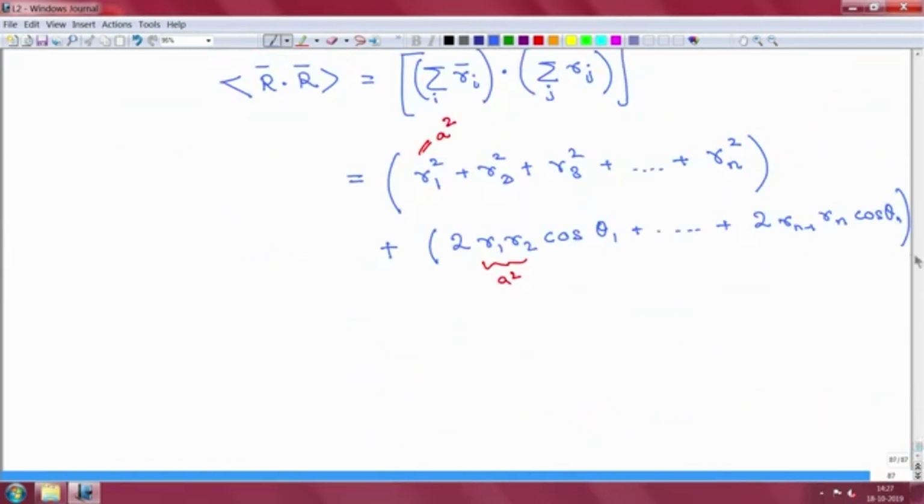So, this entire thing will sum over to yield 0, because these thetas are all random numbers and they are distributed equally between 0 and 2 pi. So, finally, you are just left with n times a squared. So, your length, which is going to be half of this, is basically a times root over n, right.